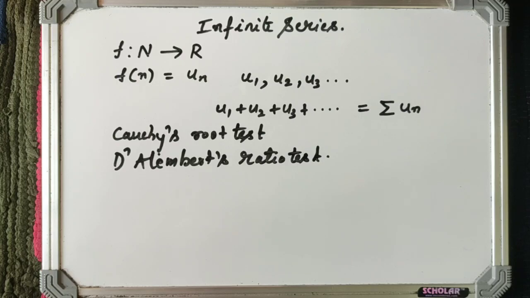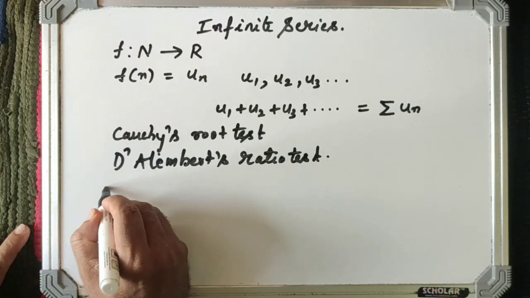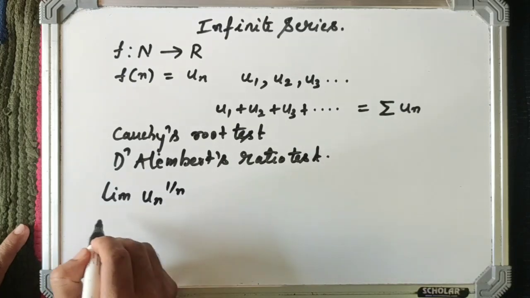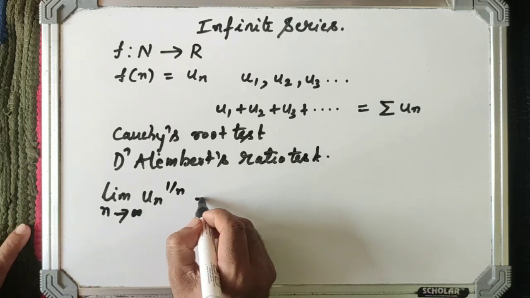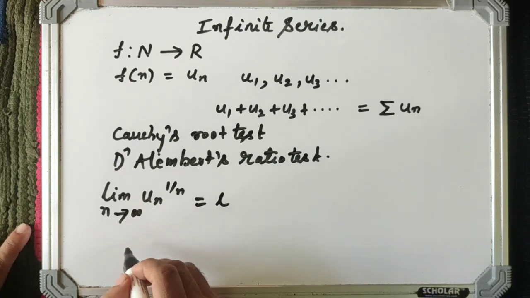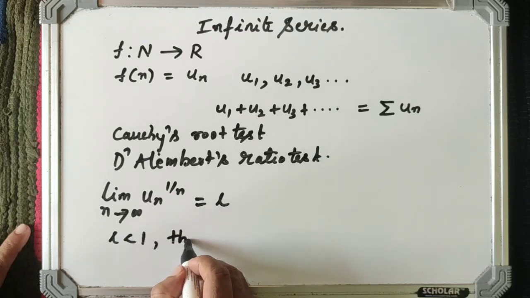In Cauchy's root test, we find the limit of un power 1 by n as n converges to infinity. Suppose this limit is L. Then our conclusion is, if L is less than 1, the series converges.